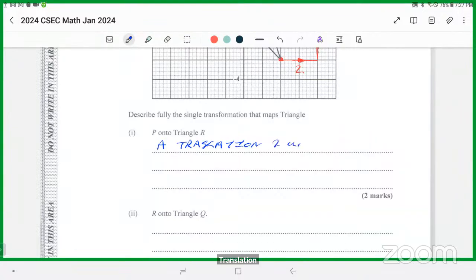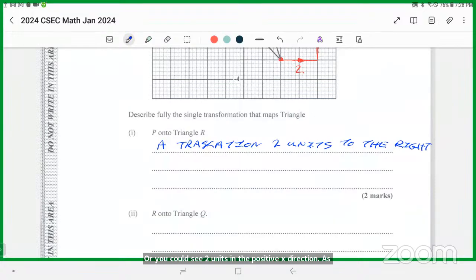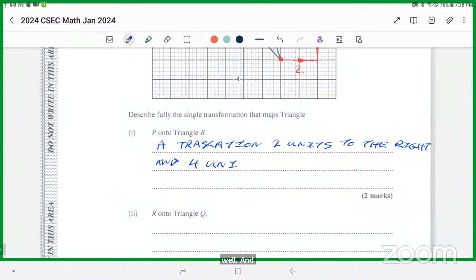2 units to the right, or you could say 2 units in the positive x direction as well, right? And 4 units upwards.